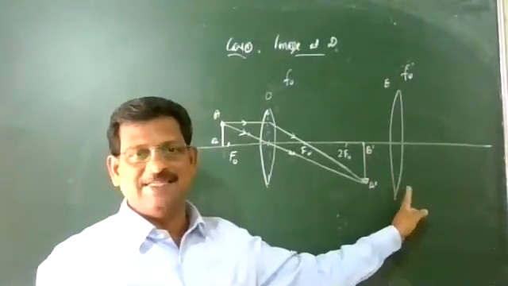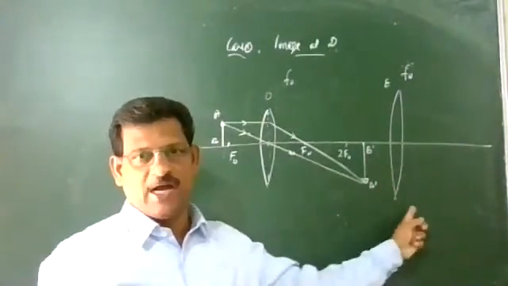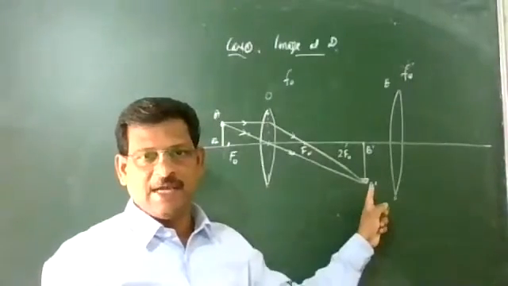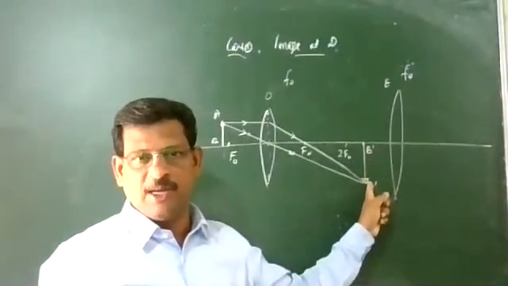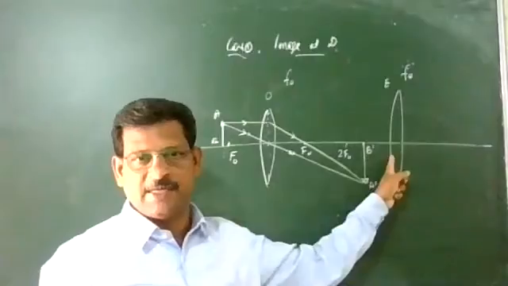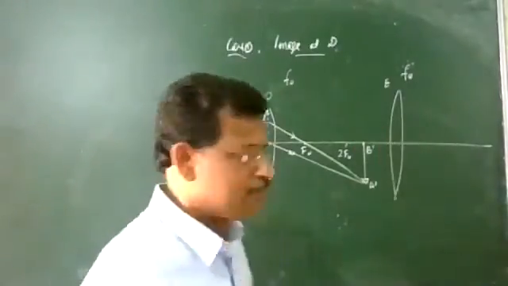So what we will do is adjust the distance of the eye lens so that A'B', this object, lies between its optical center and principal focus.